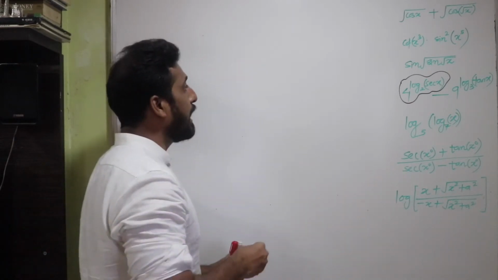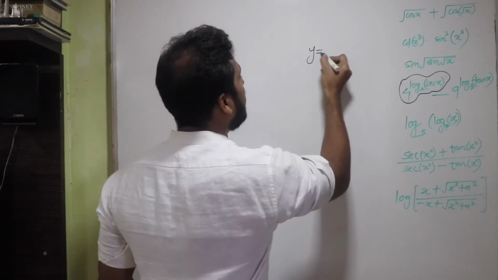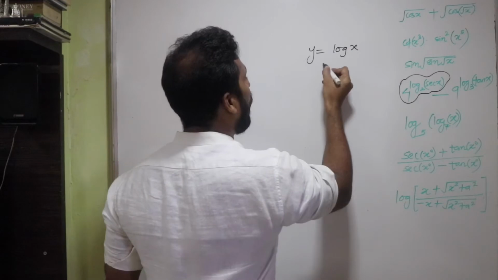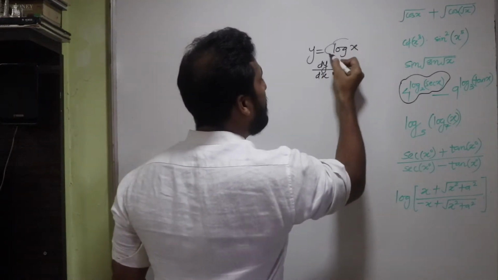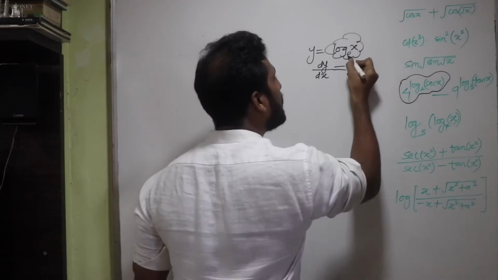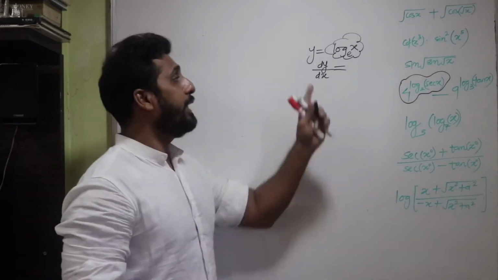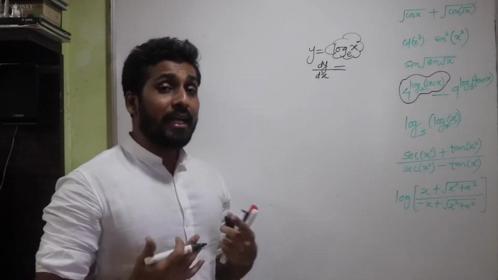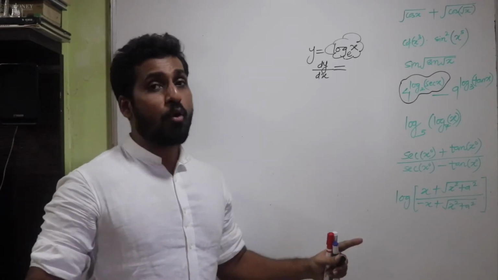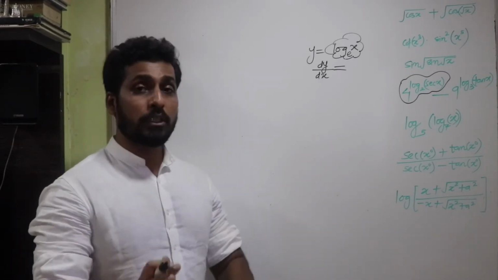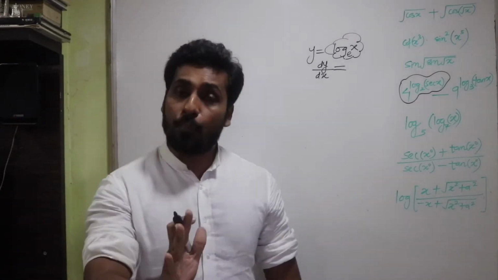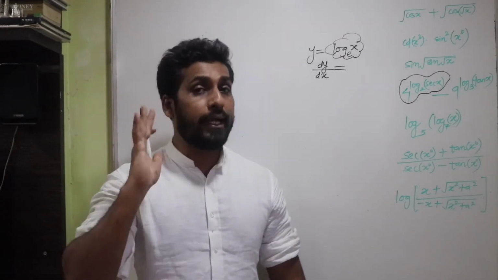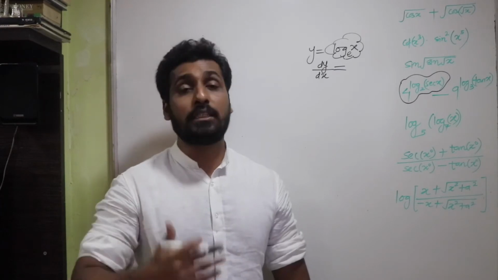So that means if y is equal to log x and I want to get the derivative dy by dx, the base of this log has to be mandatorily e. If it is other than e, then the derivative is not 1 upon x. You got to remember this point very well. The derivative of log x is 1 upon x only and only if the base is taken as e.